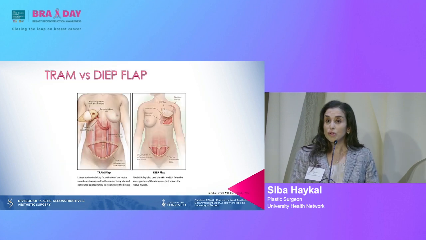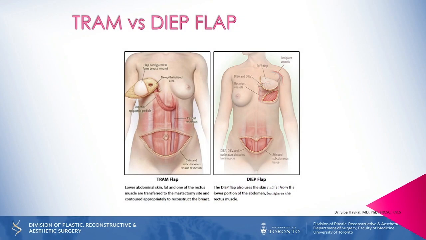The most common ones that we will hear about and most commonly used are the TRAM flap or the DIEP flap. The TRAM flap, which in this case right here is a pedicle TRAM, involves taking skin and fat as well as a portion or the whole muscle and transferring or rotating it into the breast to create a breast mound.